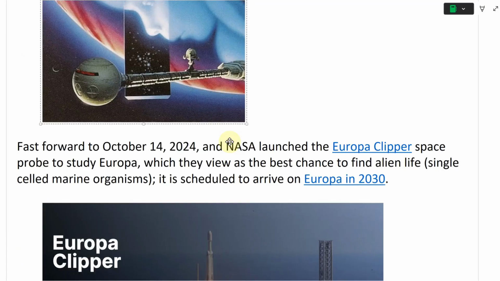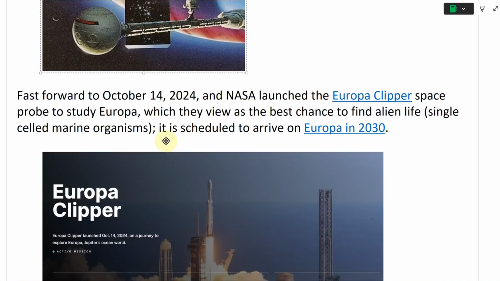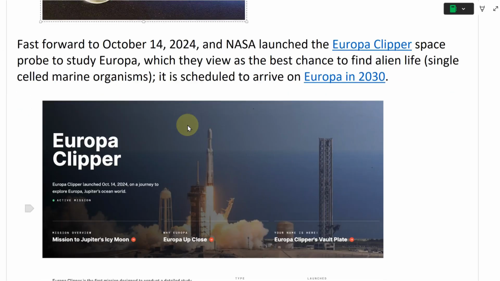And what's even more fascinating is fast forward to October 2024. Again, he wrote 2010: Odyssey Two, but then on October 14th, 2024, NASA launched the Europa Clipper space probe to study Europa, which they view as the best chance to find alien life, in other words, single-celled marine organisms, and it is scheduled to arrive at Europa in 2030.